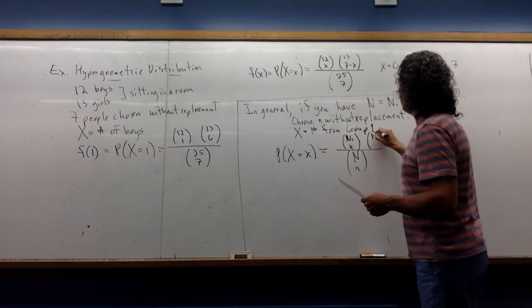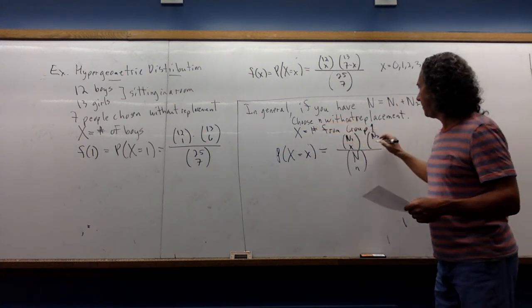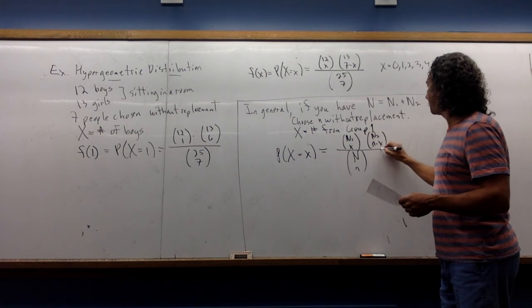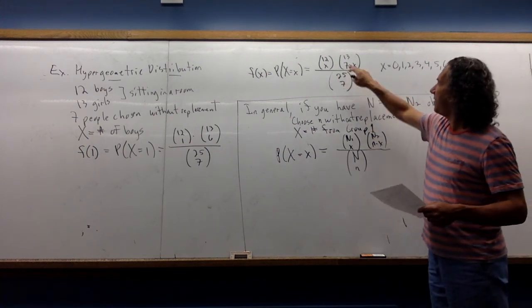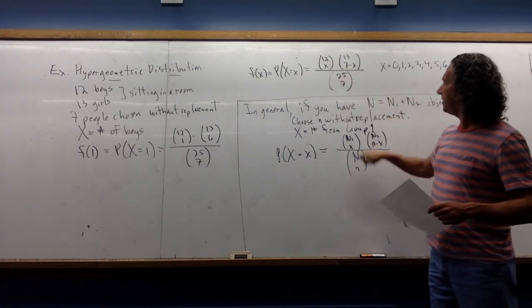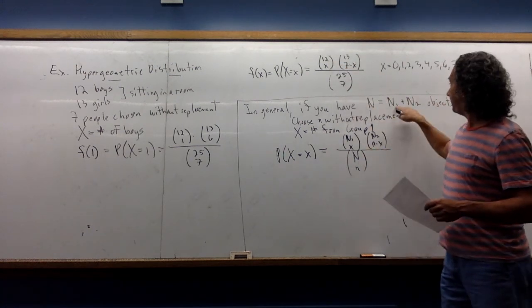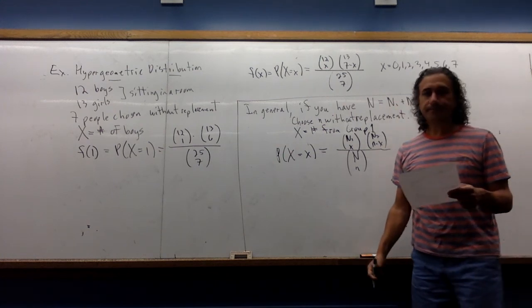From the big N2, I'm going to choose little n minus x of them. Here little n was 7, so that matches up. Big N is big N1 plus big N2. So that looks like the PMF.